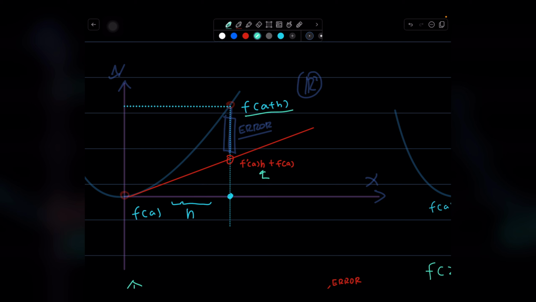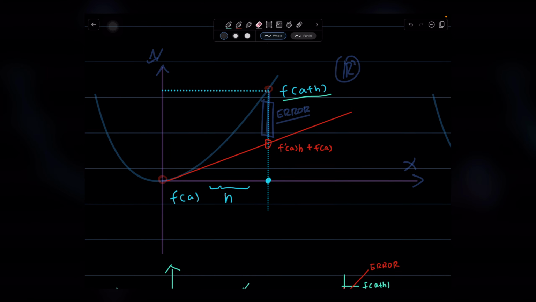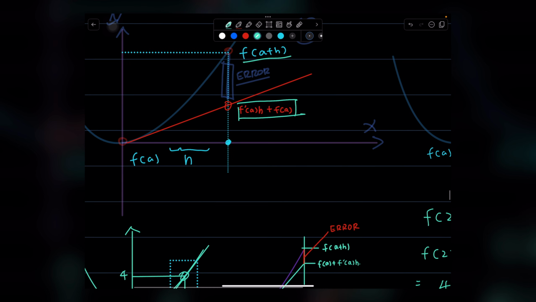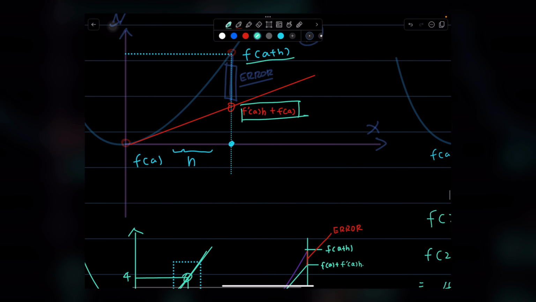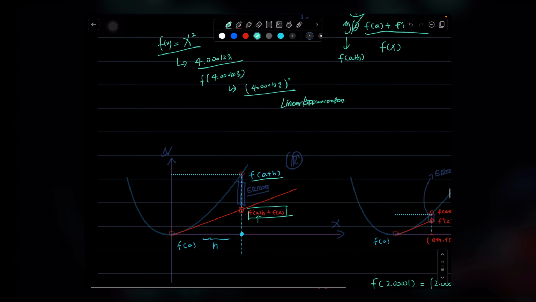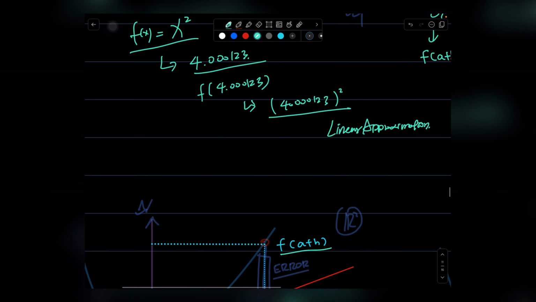So, to carry on, we have to calculate the derivative at a, and this linear approximation uses a linear function to simulate the behavior of this nonlinear function around a neighborhood. And that neighborhood is around this a.